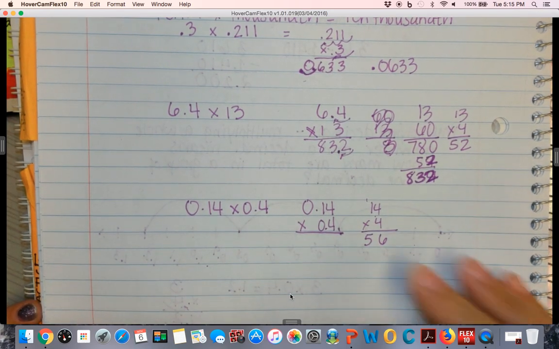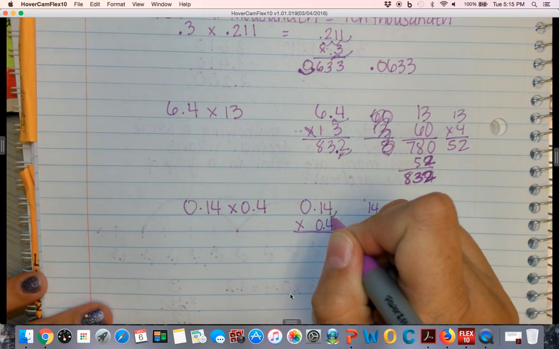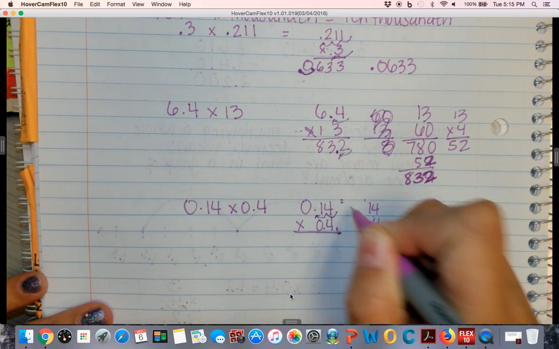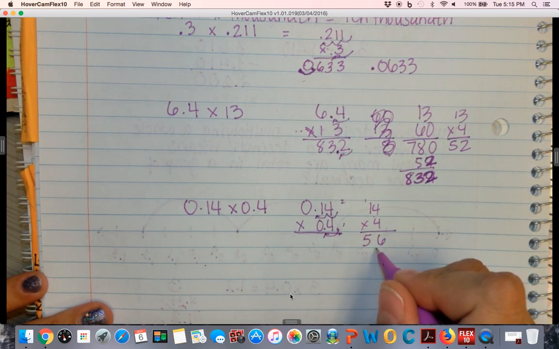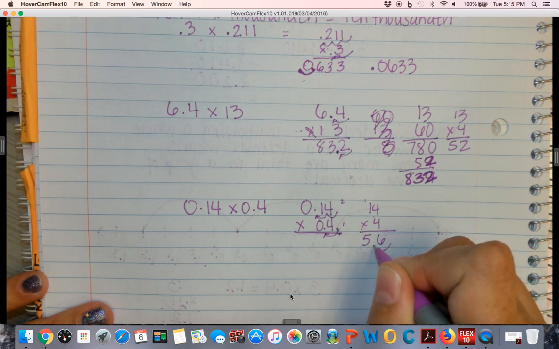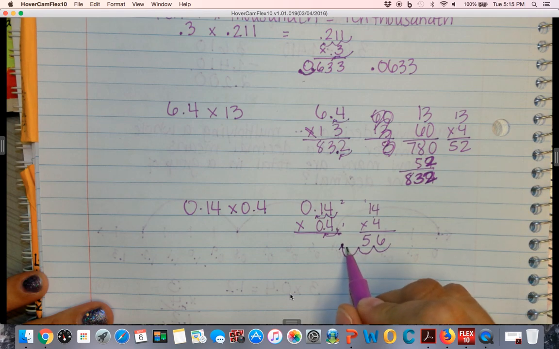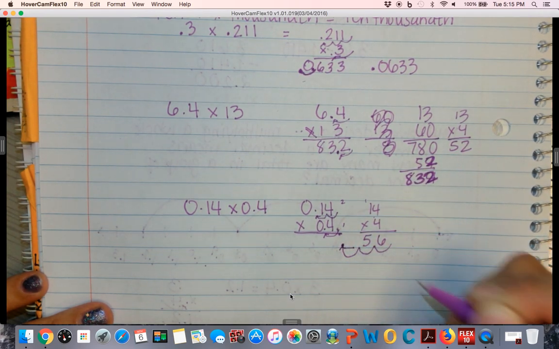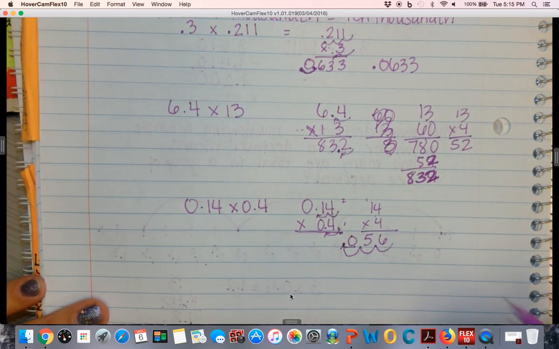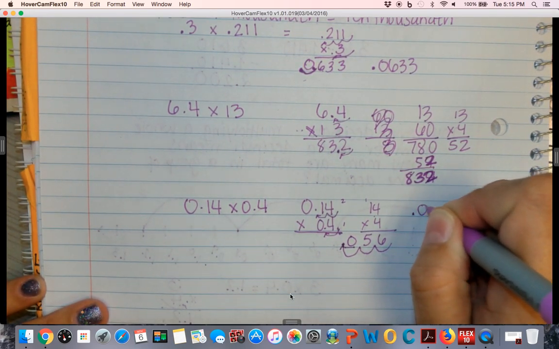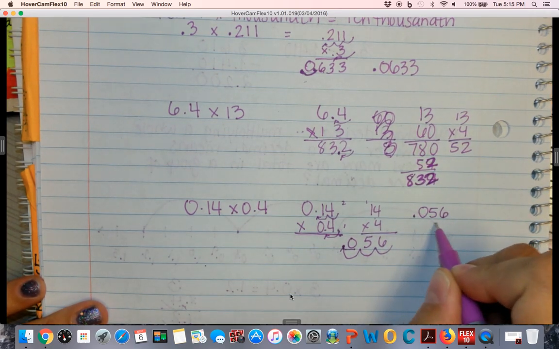Okay. Now that I have the number, now I can worry about the decimal. This tells me to go in two places. This says 1. That means this number is going to be 3. 1, 2, 3. But I don't have anything here, so I have to fill it with a 0. So my final answer is 0.056, or 56 thousandths.